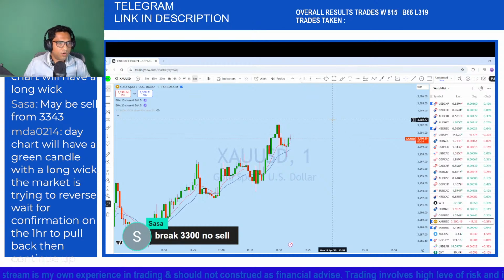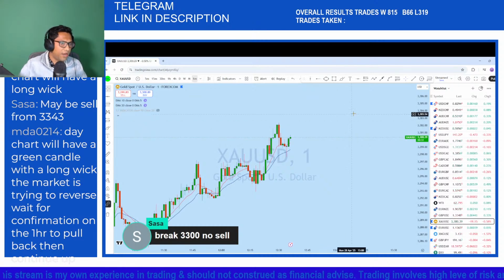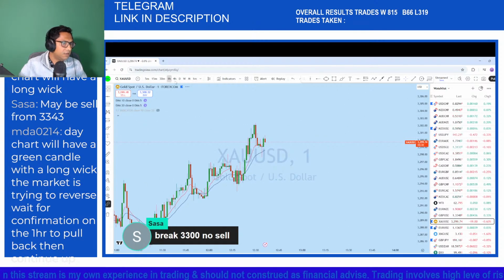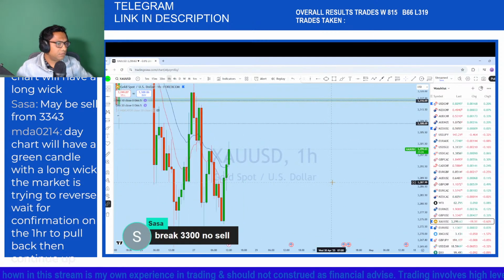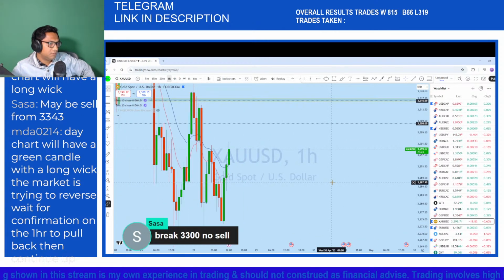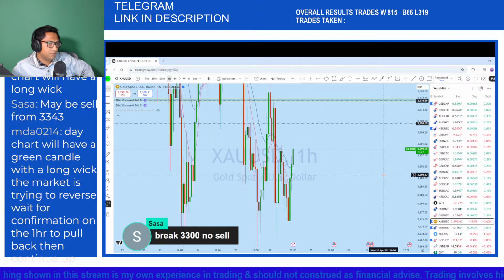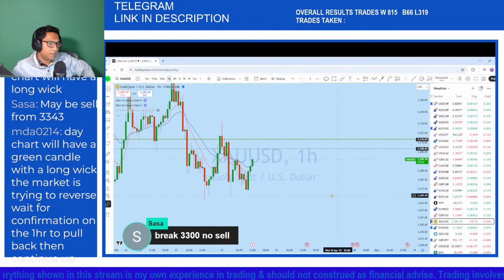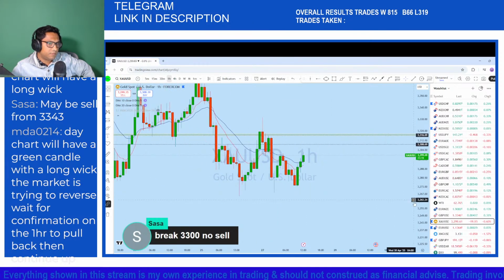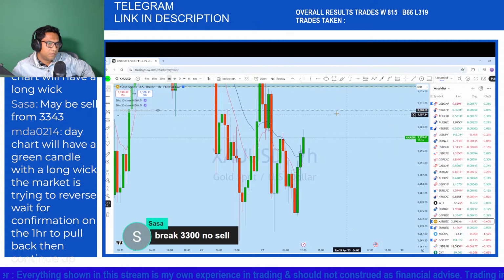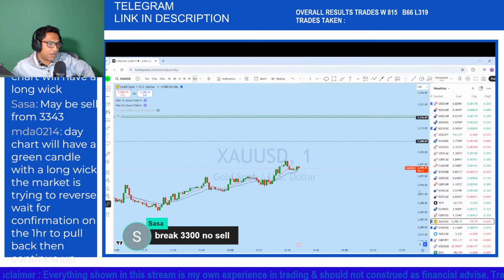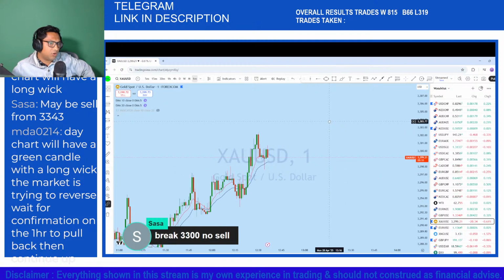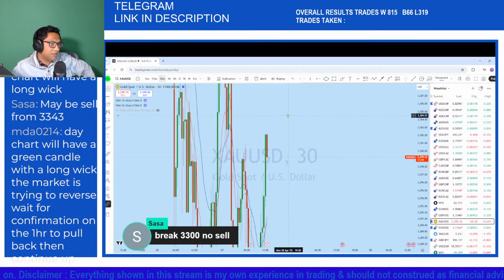So this is the 1 hour, this is the lower time frame price action, where if we look at the 1 hour, looking at the lower time frame here, the trend continuation that we are expecting.